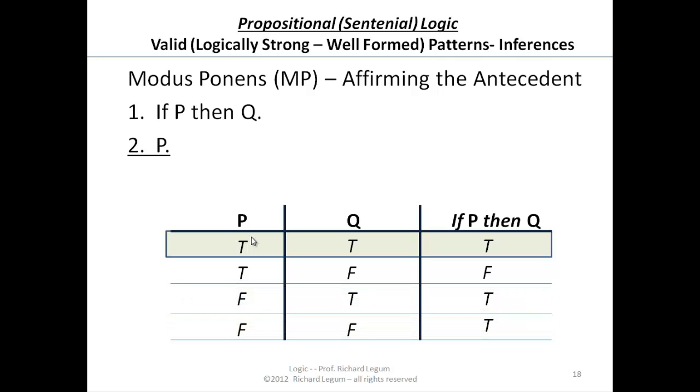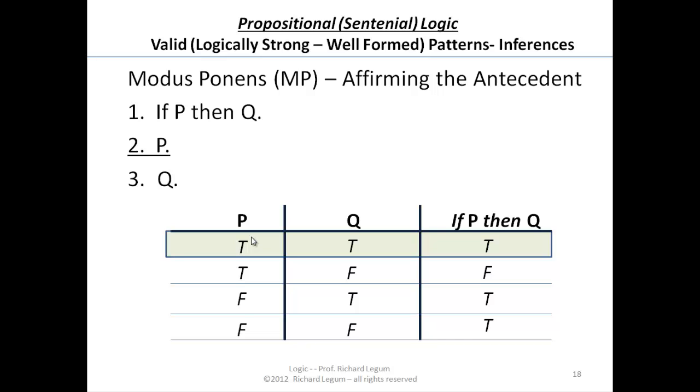So it's not the third, it's not the fourth, where if P then Q is also true, so it has to be the first case, which also tells us that Q is in fact true. So this is the reason the truth table works in this case. This is showing why it is a valid pattern of inference.